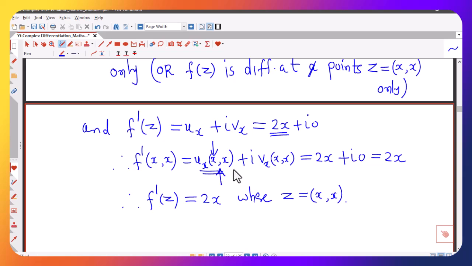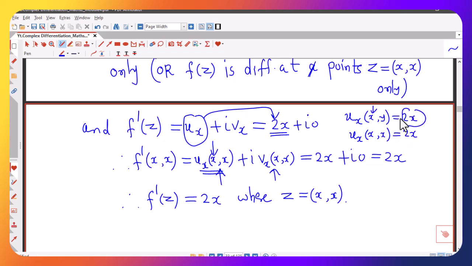And you should be clear about this. Here when I am writing del u by del x equal to 2x, that means at any point (x, y) it is 2x. So whenever I consider the ordered pair (x, x), then also it will be 2x because x is used only here. Same thing, del v by del x at any point (x, y) is 0.